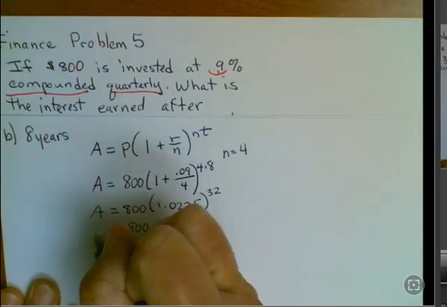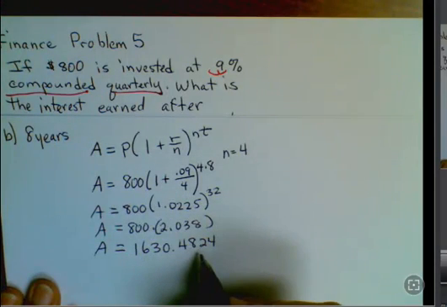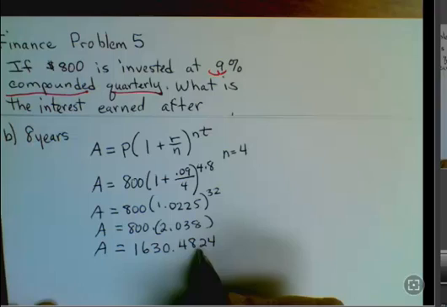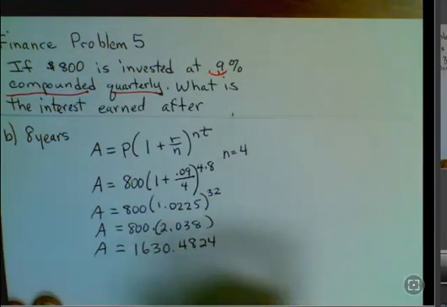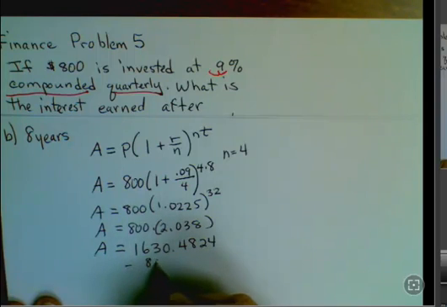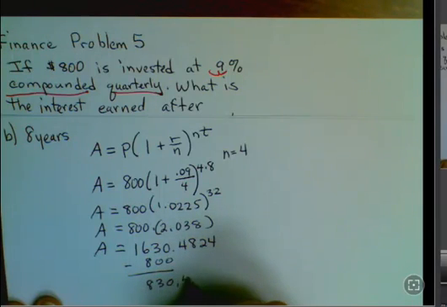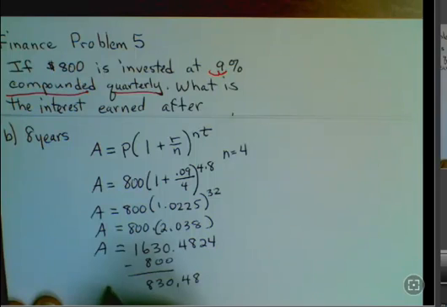Again, this is my A. To get the interest, I have to subtract off my initial amount that I put in, 800. So if I subtract 800, this will give me 830.48 to 2 places. This will give my interest.